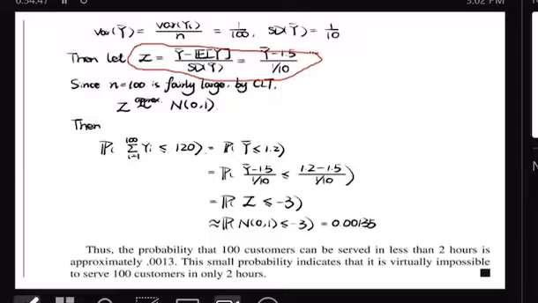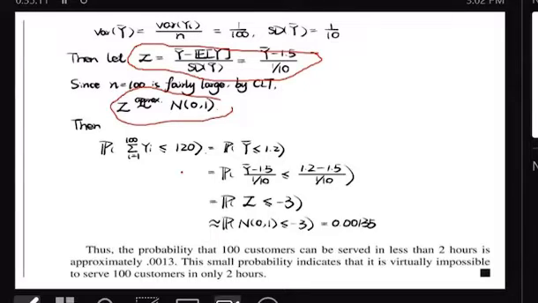I can apply the central limit theorem because n is equal to 100. How large is large? At least 30, according to the rule of thumb. 100 is sufficiently large. Now we can see that z approximately follows a normal distribution with a mean of 0 and a variance of 1.